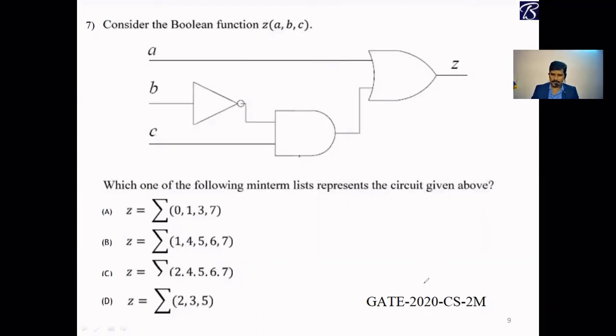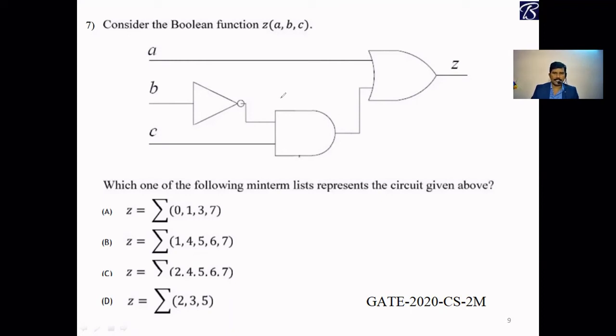This question was asked in GATE 2020, the latest year, computer science, for 2 marks. Consider the Boolean function Z, where 3 variables A, B, C are present. A logic diagram is given. Which one of the following minterm lists represents the circuit given above?